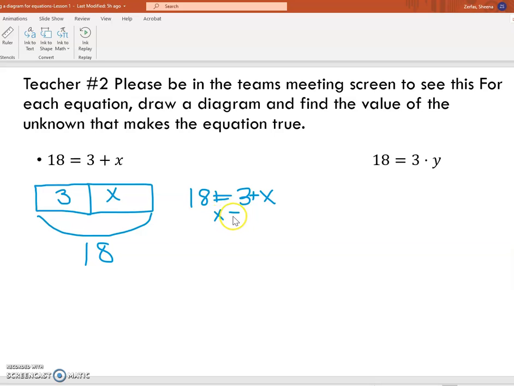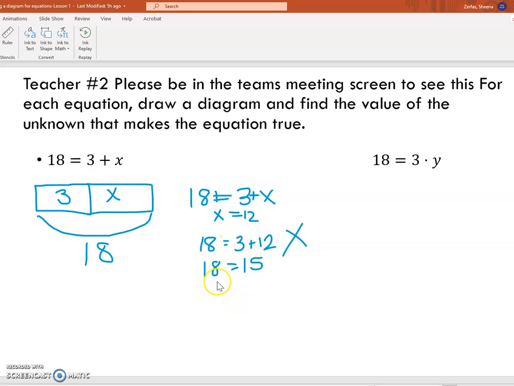So if you think it is 12, 18 equals 3 plus 12. If you evaluate that out, we'll get 18 equals 15, which we know is not true, which means we know this cannot equal 12. Continue guessing until you catch a number that makes that a true statement.